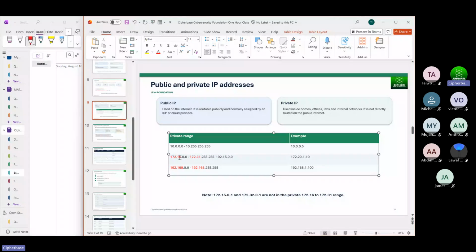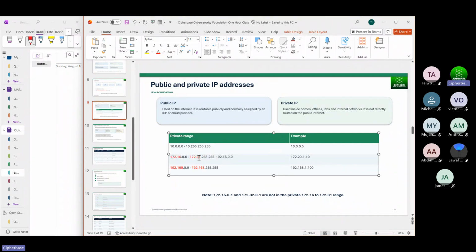Then anywhere you see this second rule here, 172.16, we use these two to distinguish. The second octet, which is 16 here, must not be above 31. As you can see, this is the range from 16 to 31 here.